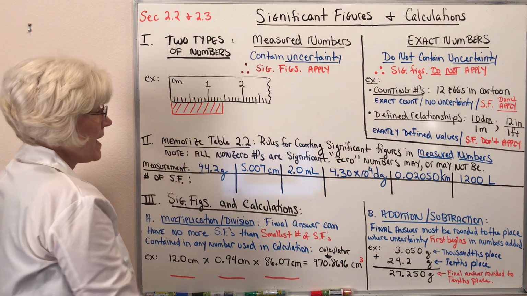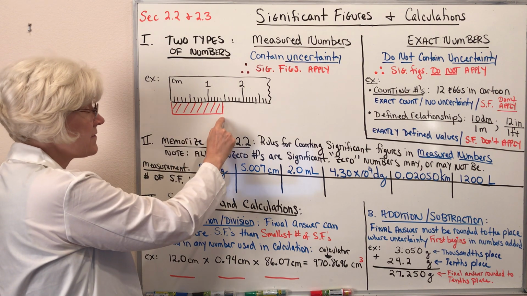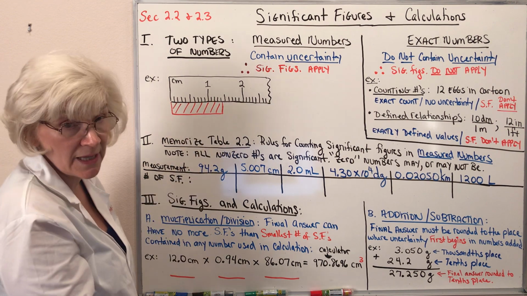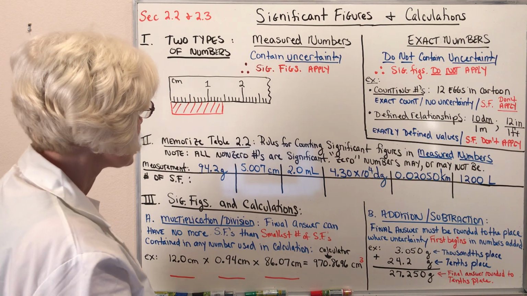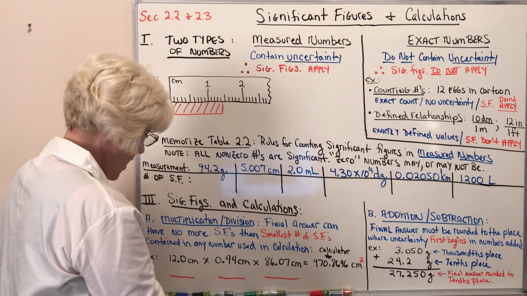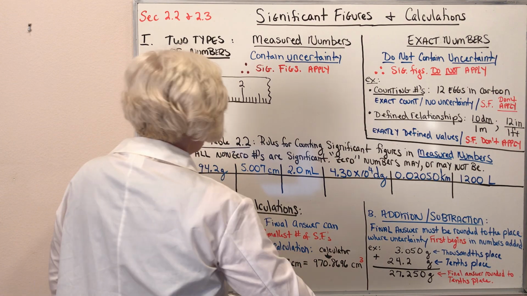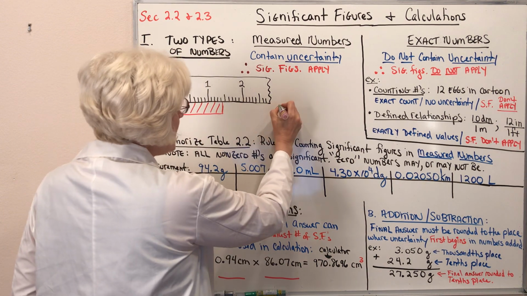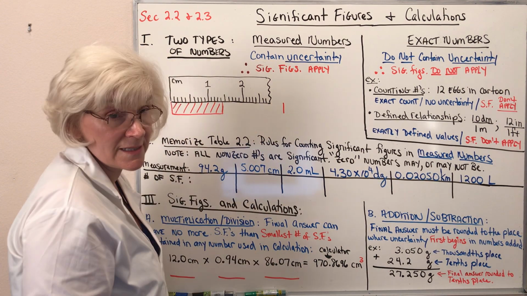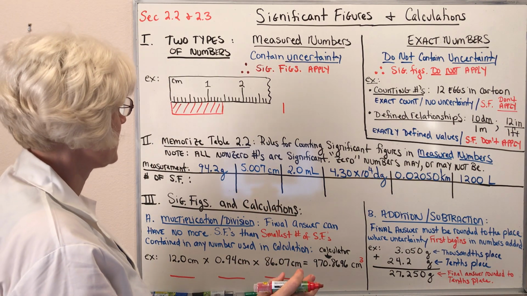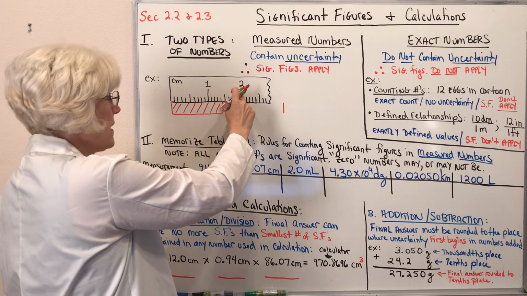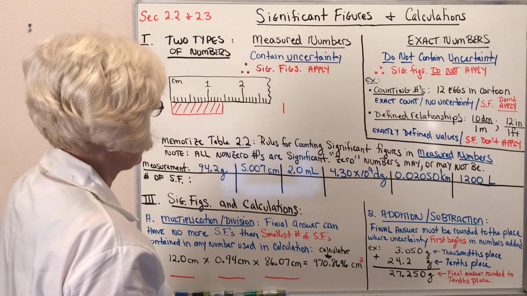We're now ready to make a measurement of the length of this red object placed up against the metric rule. It's clear to me as I look at this object that the length is at least 1 centimeter, but less than 2 centimeters. Past the 1 centimeter line, but less than 2 centimeters.